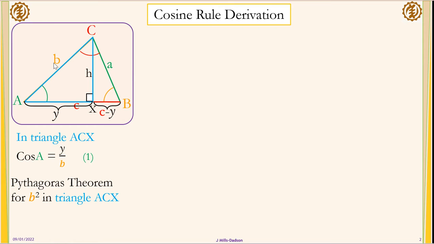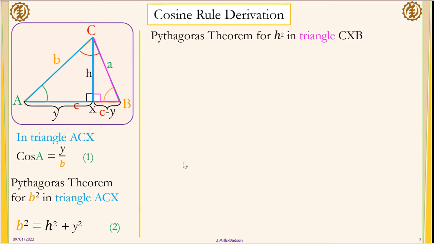B squared should be equal to H squared plus Y squared. And from here, I'm going to focus on triangle CXB. In CXB, I want to use Pythagoras to work out what is H squared. H squared is the longest side A squared minus (C minus Y) squared.